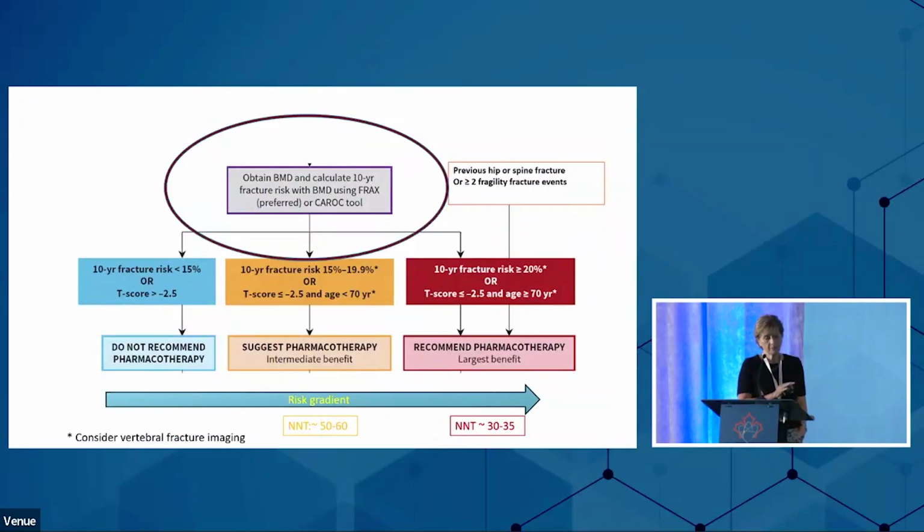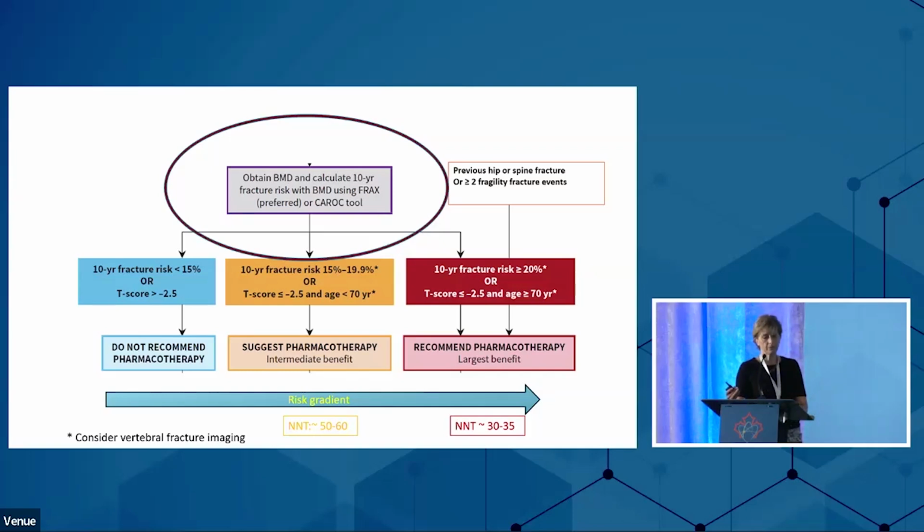Once you've obtained your BMD and calculated your 10-year fracture risk, you can then assess where your patient falls in terms of categories of risk and whether we should suggest pharmacotherapy. So the right-hand side is really important.